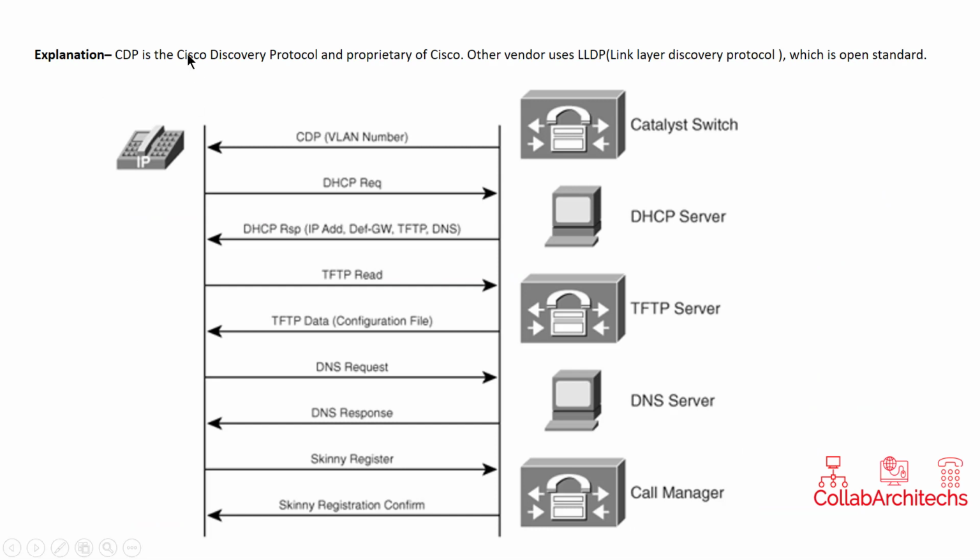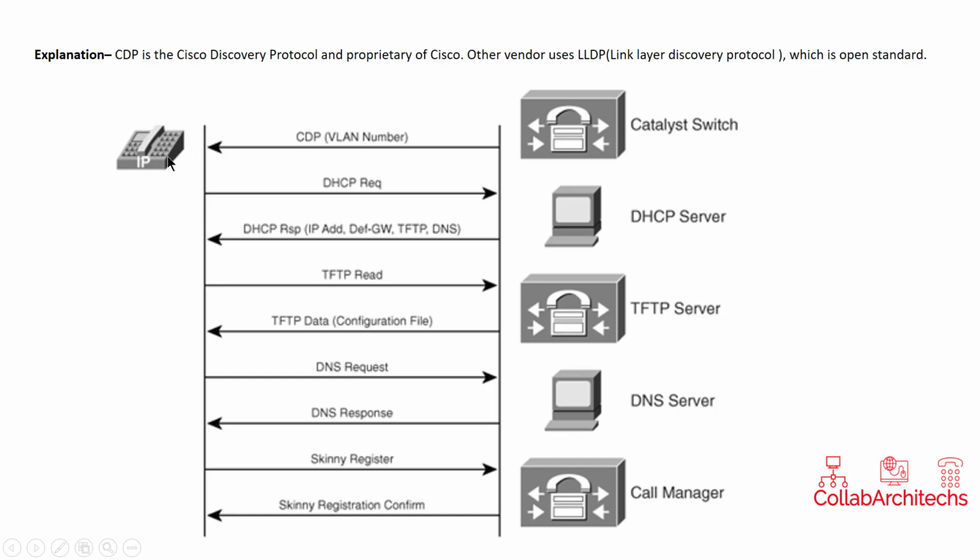The same I have explained on this PPT: CDP is the Cisco Discovery Protocol and it is Cisco proprietary. Other vendors use the LLDP protocol, the Link Layer Discovery Protocol, which is open standard. Other vendors may be Avaya, Polycom, AudioCodes, anything like that. And these are the steps.